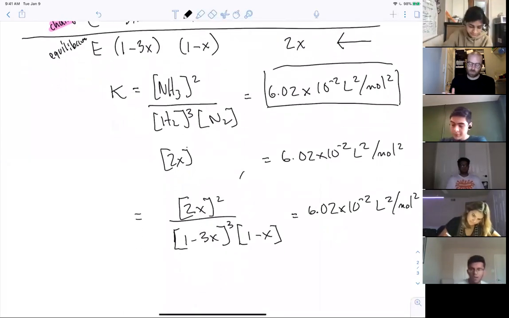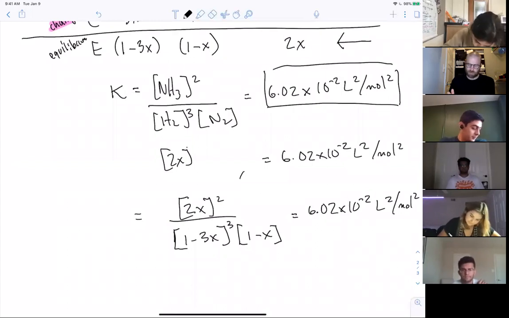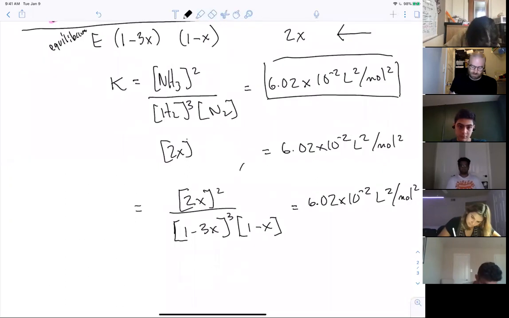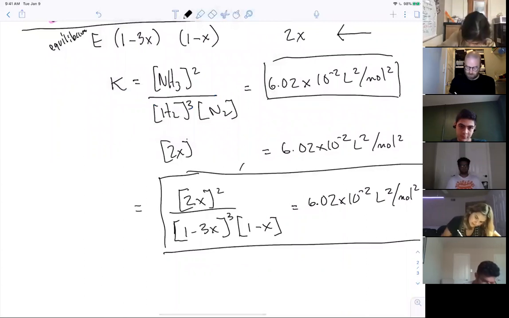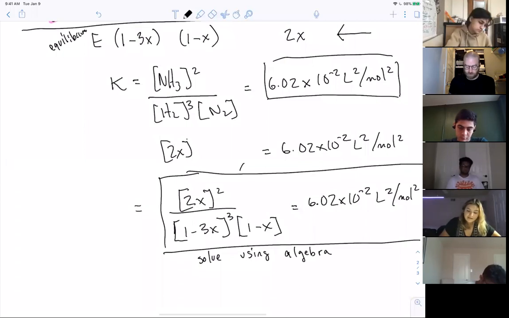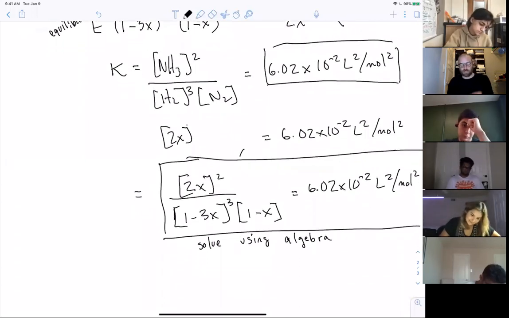At this point, it just becomes an algebra problem. I'm trying to think if there's some shortcut here. So I'm going to solve this using algebra. At that point, it's just a math problem now.